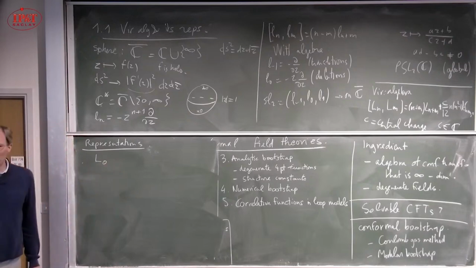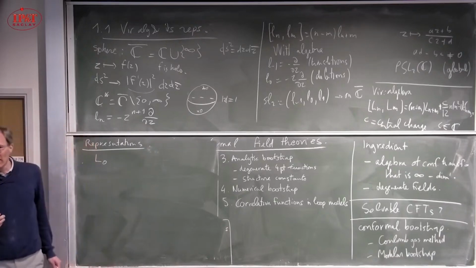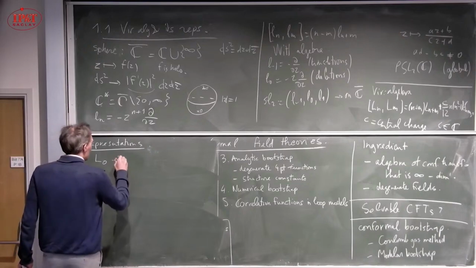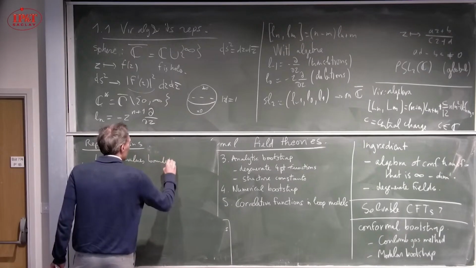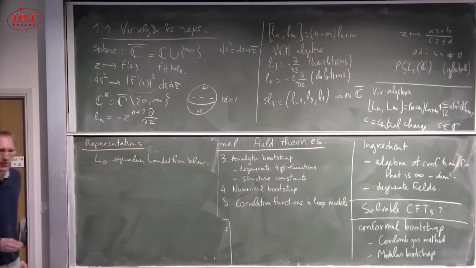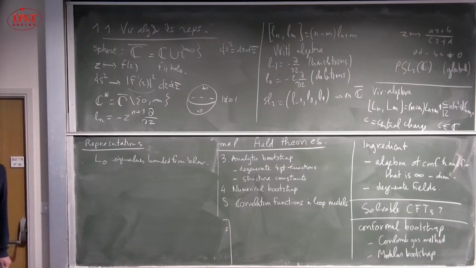The physical reason is that we want to interpret L_0 as the Hamiltonian, and its eigenvalues are the energies. And in physics, you want the energies to be bounded from below, otherwise your system is unstable. That would be the condition. Actually, when we compute operator product expansions, we'll see that having eigenvalues bounded from below is necessary for the operator product to converge, and that would be a technical motivation.